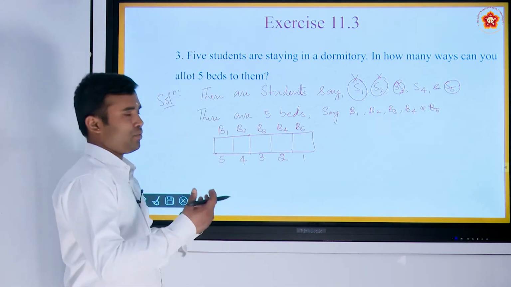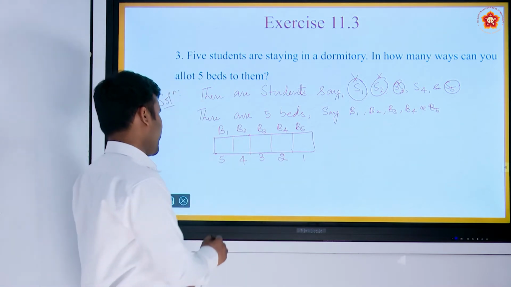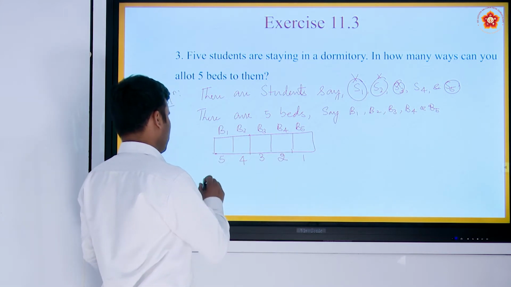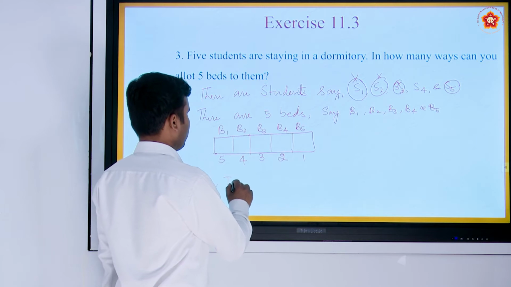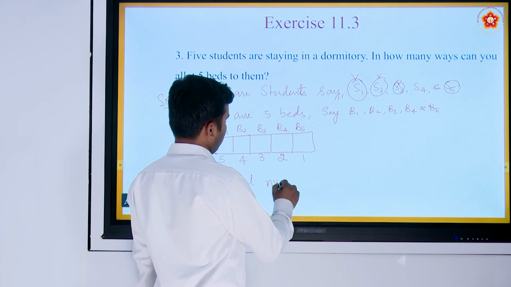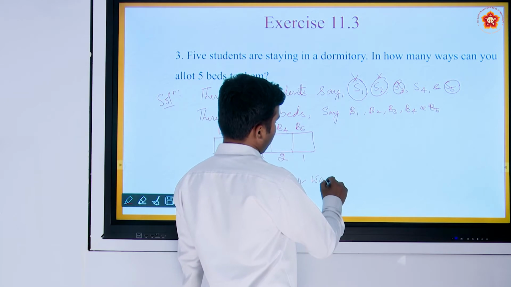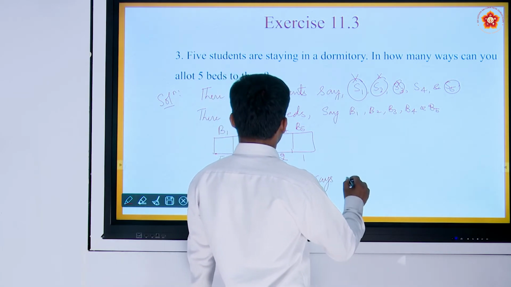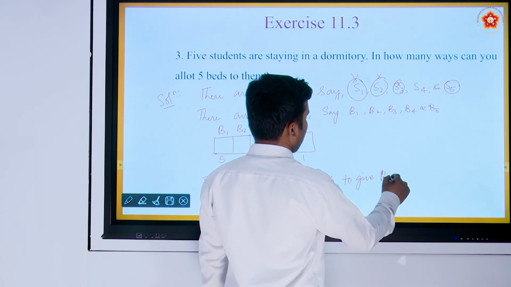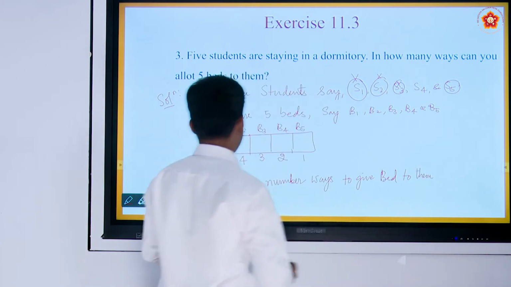Therefore, how many ways can we arrange it? By the principle of multiplication, the total number of ways to give beds to them is 5 factorial ways.